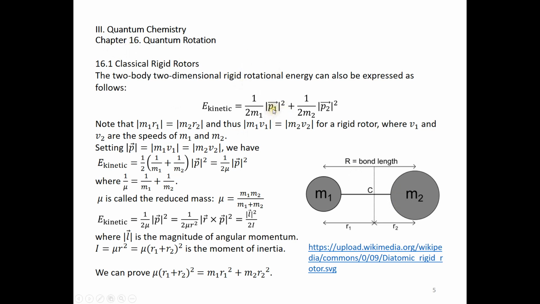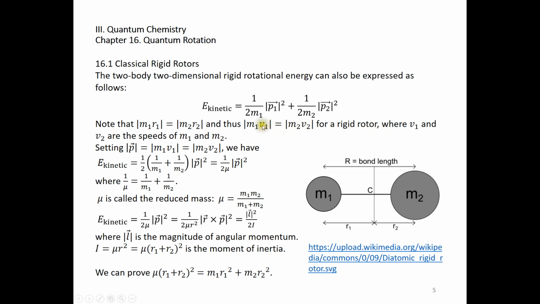It's P1 squared over 2m1 plus P2 squared over 2m2. Since we have m1 times r1 equals m2 times r2, therefore m1 v1 is equal to m2 v2 for a rigid rotor.